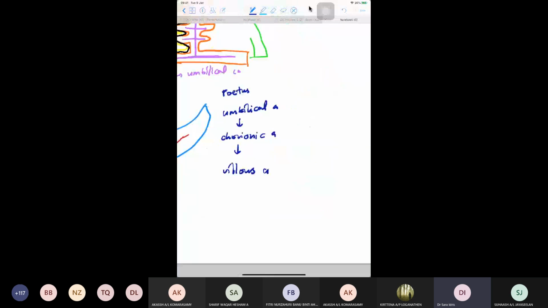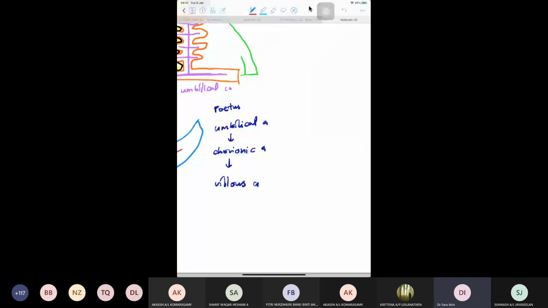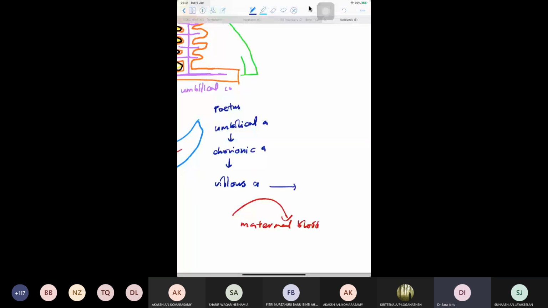From there it will exchange whatever molecules or gas with the maternal blood, and then it will drain back into the villus vein, into the chorionic vein, into the umbilical vein, and back into the fetus.